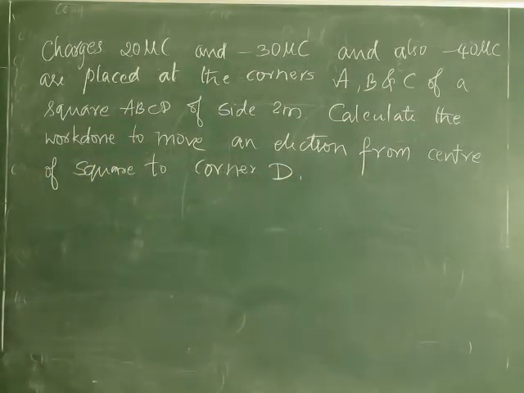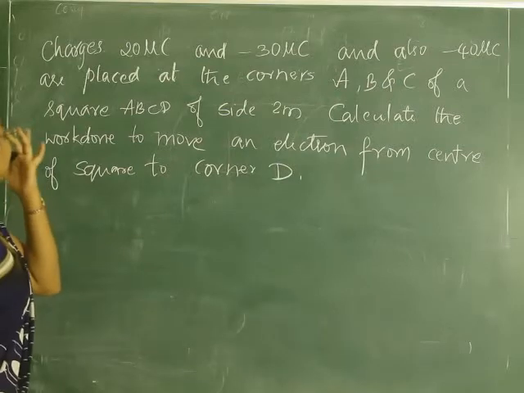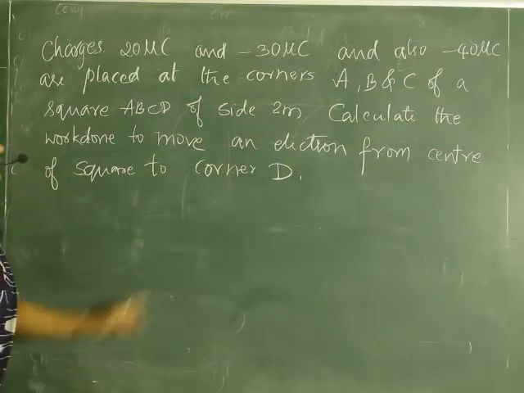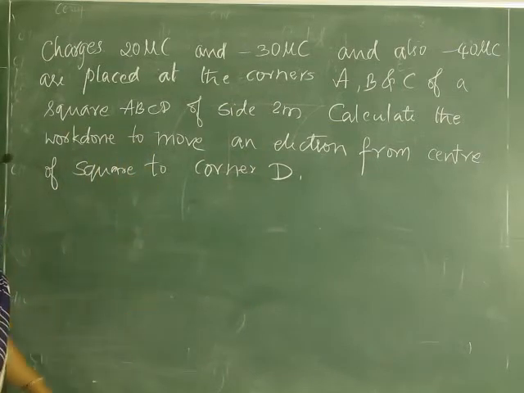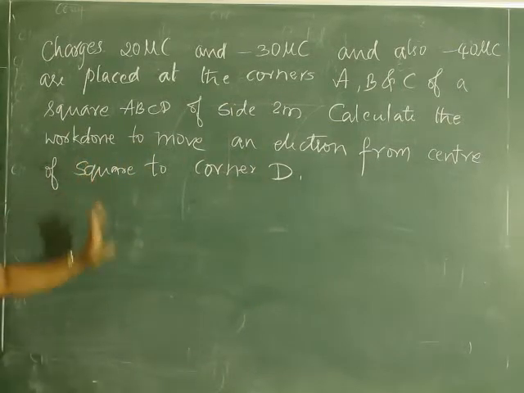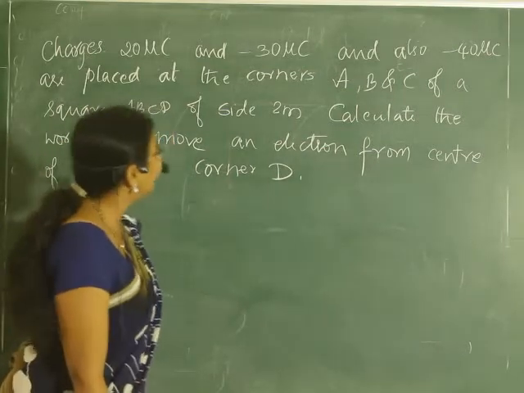What is the question? Charges 20 microcoulomb and minus 30 microcoulomb and also minus 40 microcoulomb are placed at the corners A, B and C of a square ABCD of side 2 meter.